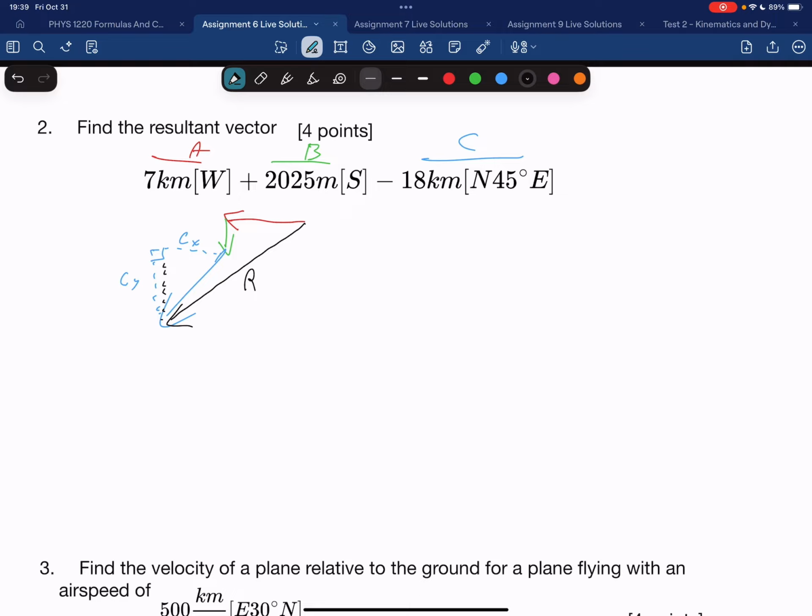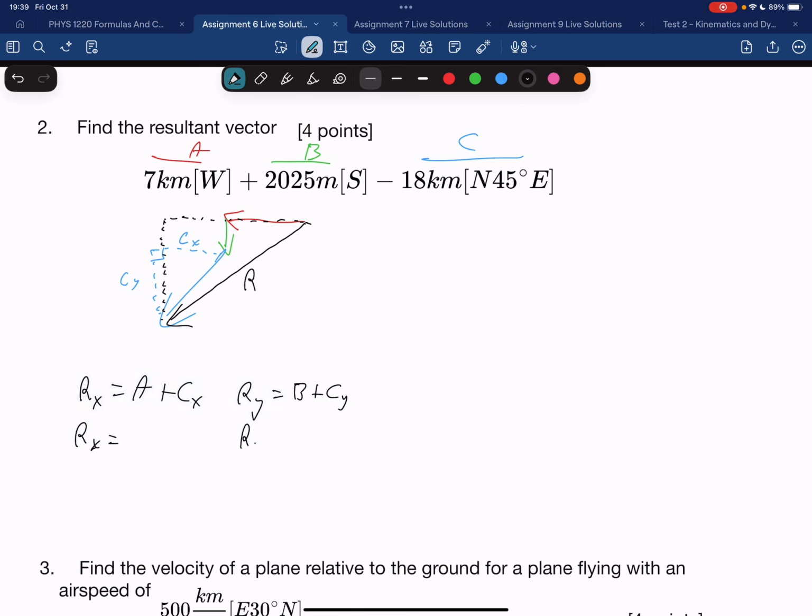And when I break everything into components, I see that the x value for Rx is just going to be composed of vector A plus Cx, and Ry is going to be vector B plus Cy.